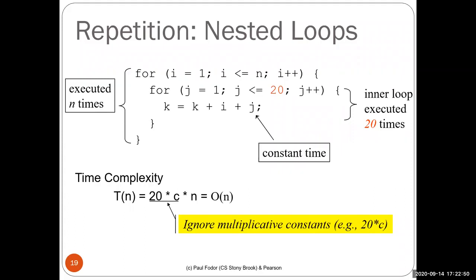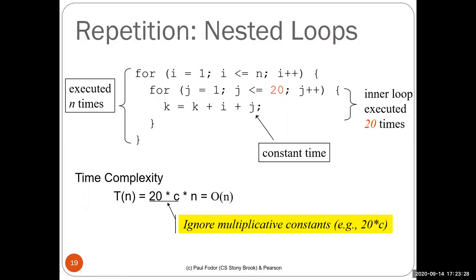So next, if the inner body of this loop is executed 20 times, it's a constant, it has nothing to do with the value of n. As n grows, this 20 becomes insignificant, because if n is a billion, the fact that for every element you are executing a loop of 20 times is not important, because the growth rate is a variable of the size of n, not the size of 20.